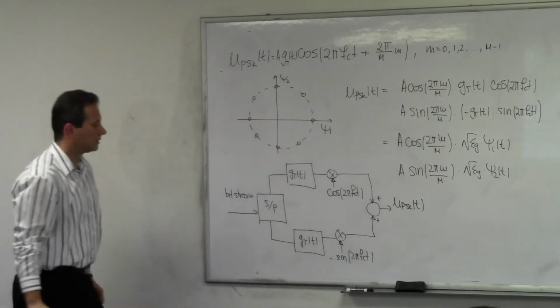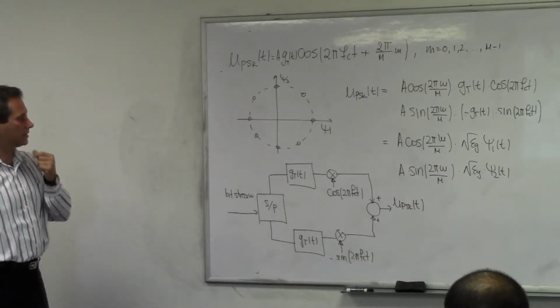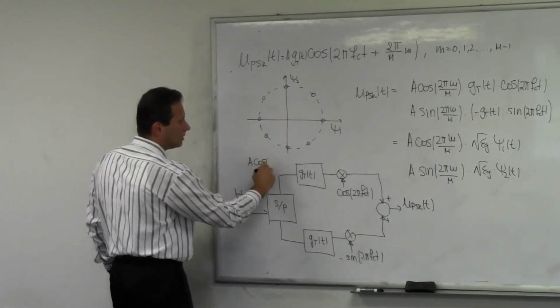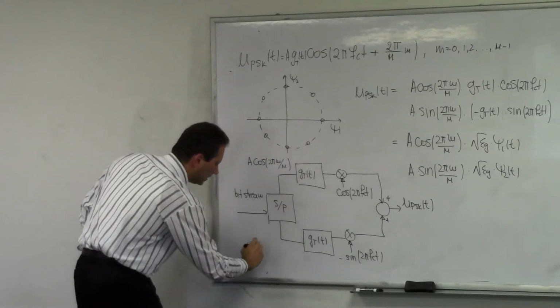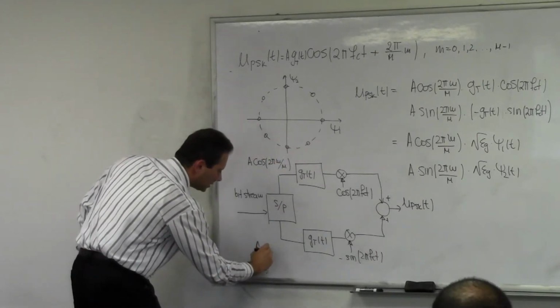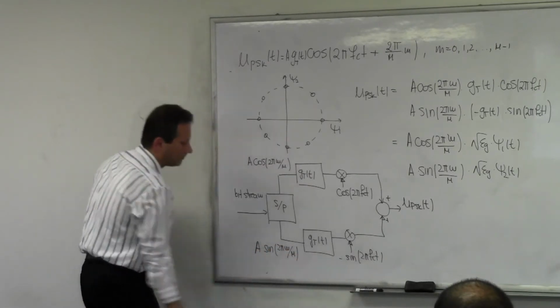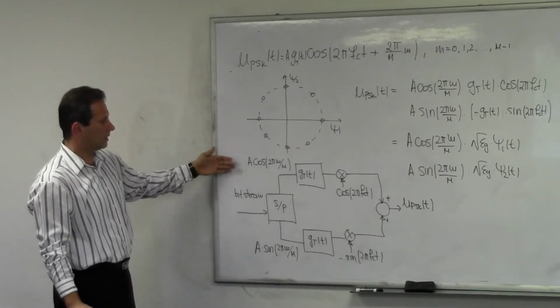So that's the direct modulation of how you would actually generate the PSK signal. What I'm placing upstairs is this A cosine 2 pi m over M, and what is happening downstairs is A sine 2 pi m over M. So now you should understand how this scheme works.